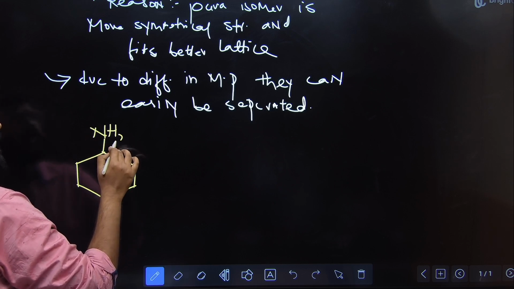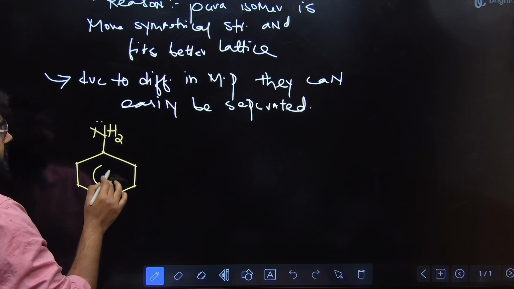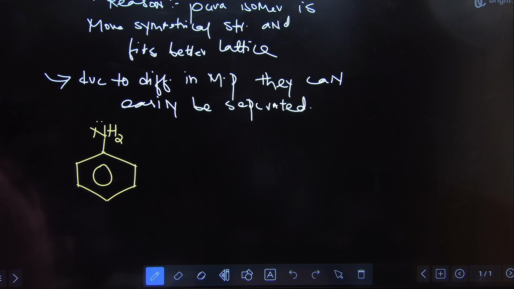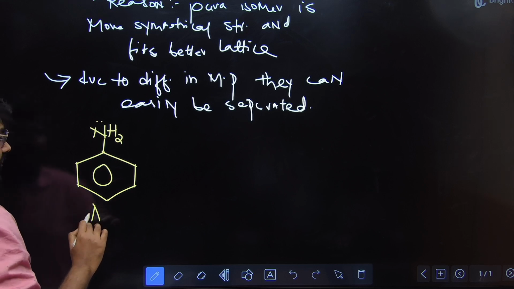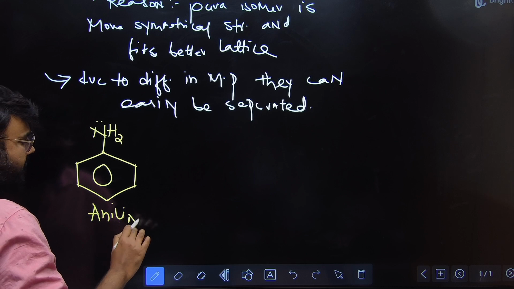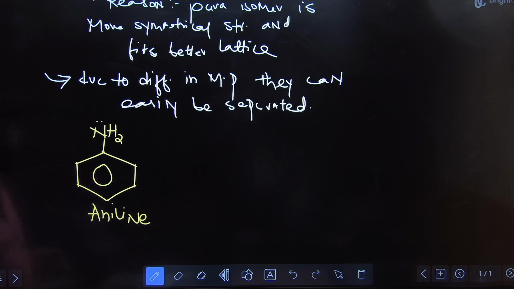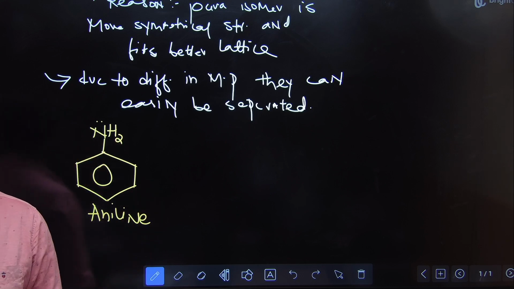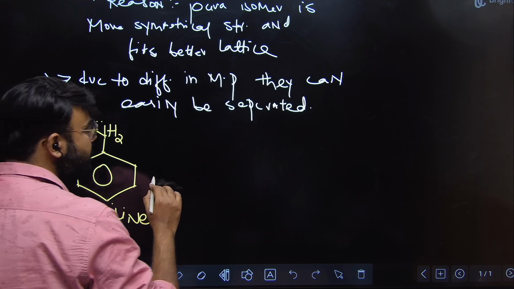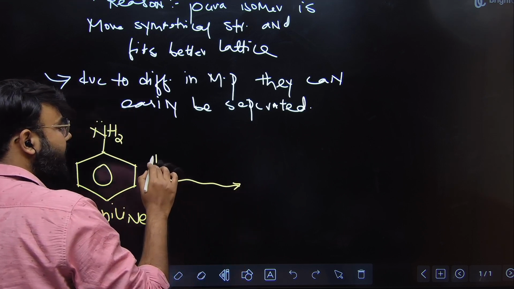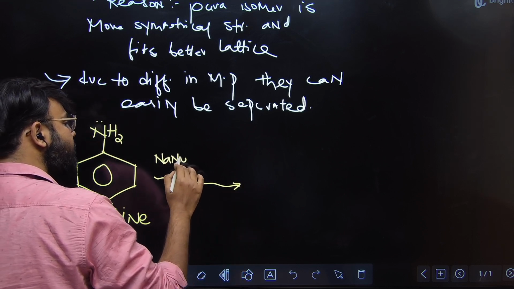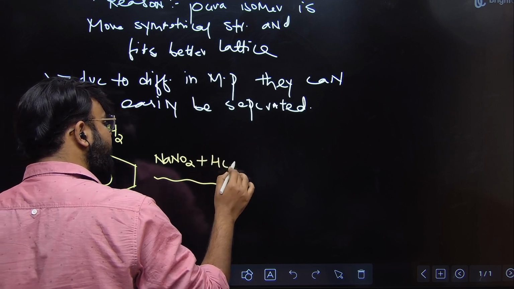Guys, what is this? Can anyone identify? This is called aniline, when the ring has an NH2 group. So in aniline, we will add NaNO2 plus HCl.